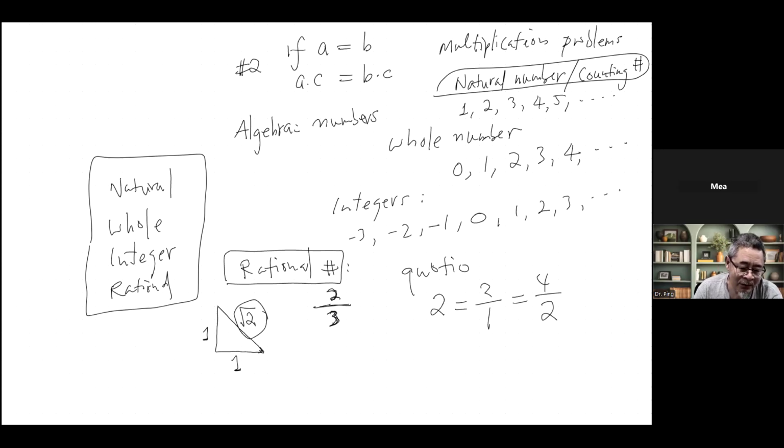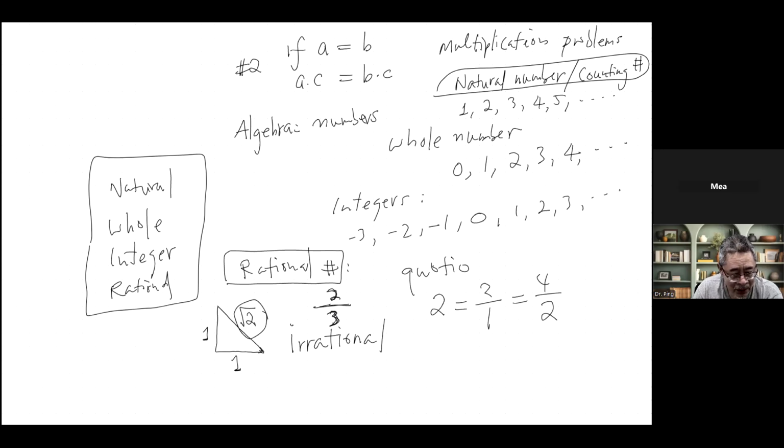So then we have to give a name to that because there's something new. The name we give to that is irrational. Since we have rational numbers, the other numbers are called irrational. It's not that they became crazy, it's just that it's not a rational number.